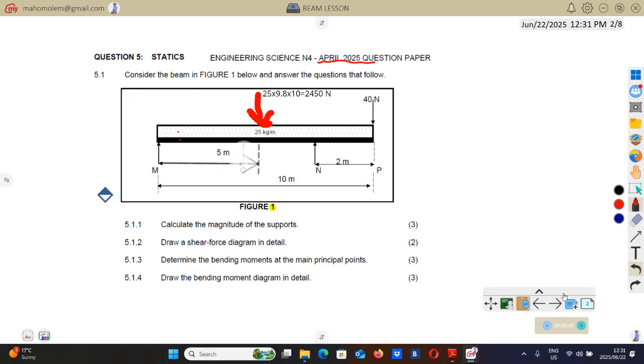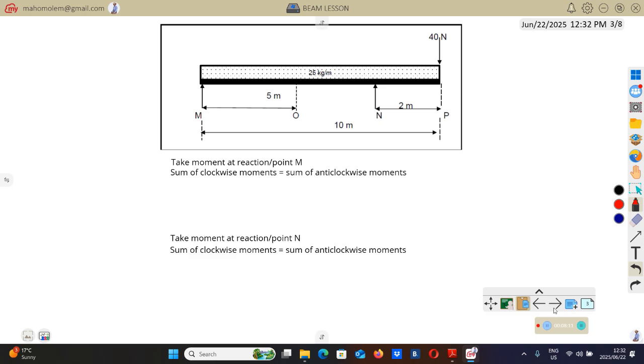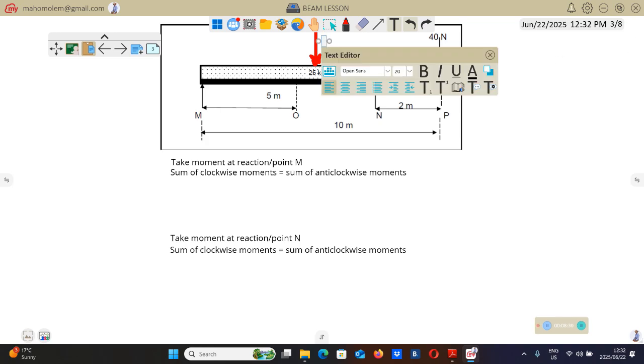Now, I was actually supposed to use this diagram here, but let me quickly do that. We said that the force will be here, with a magnitude of 2450 N.